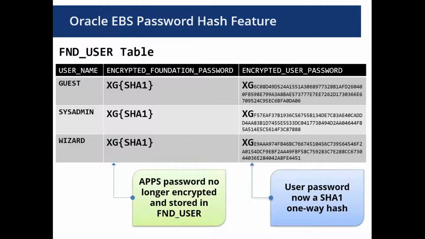Behind the scenes, remember, the FND user table included ZG as the prefix. Now it will actually include X as the prefix, and XG or XH shows if it's case sensitive or not. It's also getting rid of the foundation password and just storing the hash in the encrypted user password.